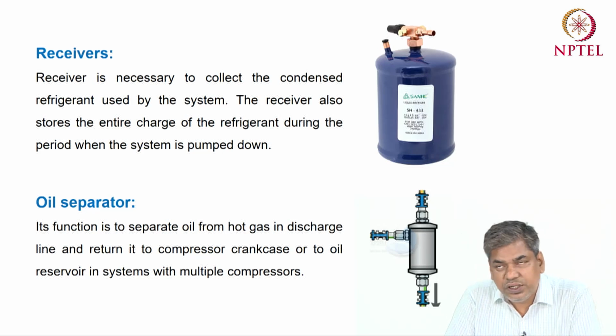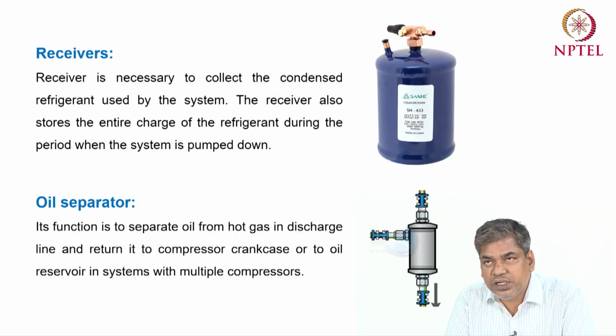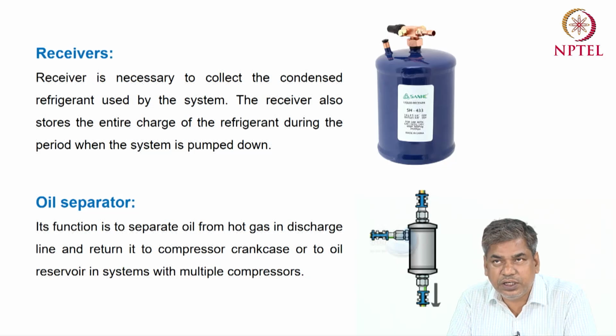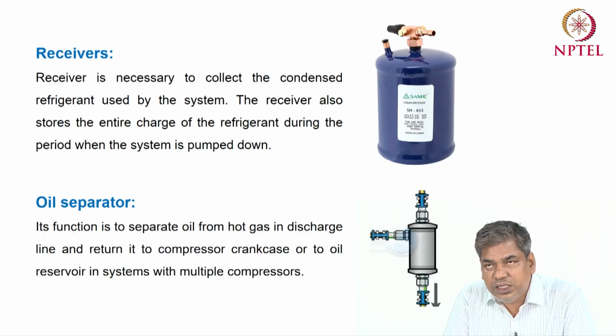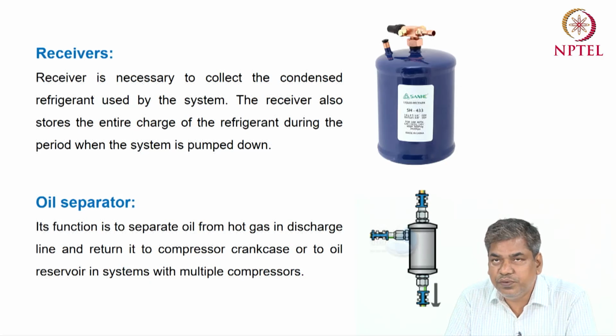After the condenser, the condensed refrigerant, that means the liquid refrigerant, can be directly connected to the receiver. The receiver is basically a storage device or storage container, so the refrigerant will be stored in the receiver. Then as per our requirement, we can take out the refrigerant from the receiver.